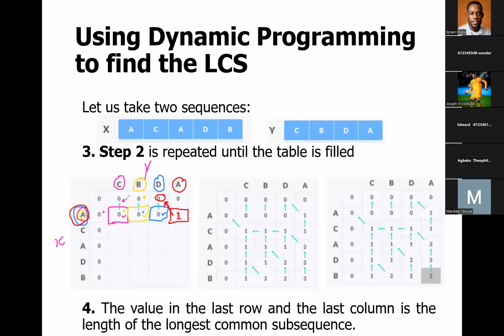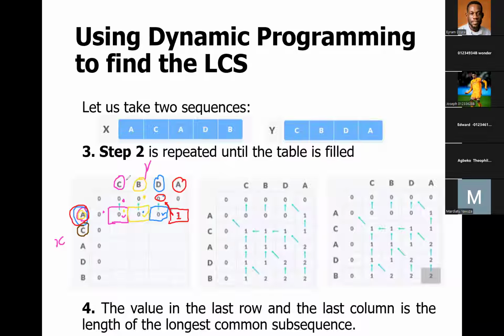So this one, we have C and C. Are they the same? Is the person for yes, they are the same? No, it's not. So C is here. Let me wipe. Okay, let me keep the color codes here.